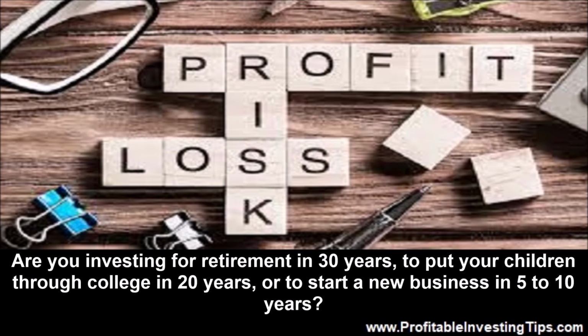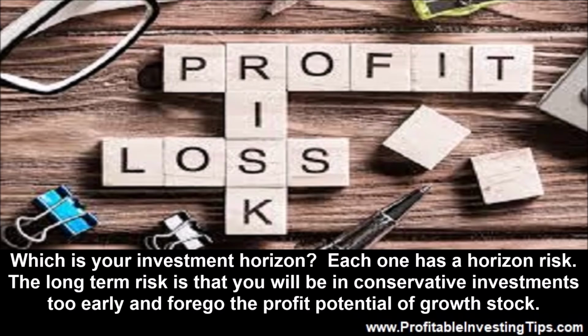Horizon risk. Are you investing for retirement in 30 years, to put your children through college in 20 years, or to start a new business in 5 to 10 years? Which is your investment horizon? Each one has a horizon risk. The long-term risk is that you will be in conservative investments too early and forego the profit potential of growth stock.